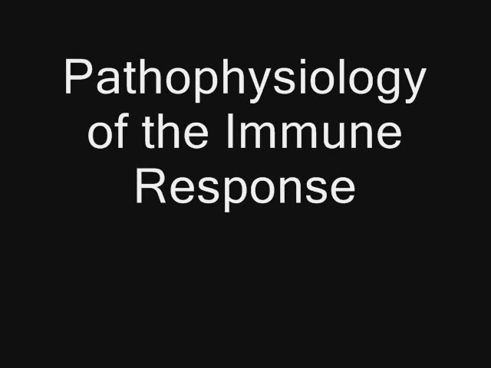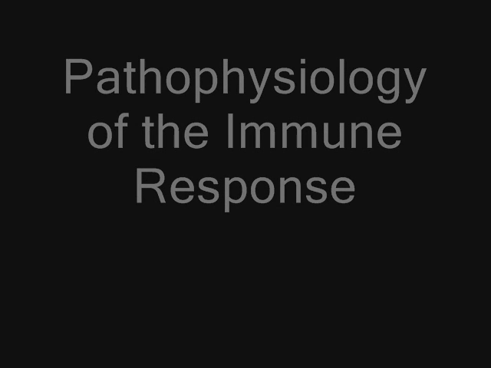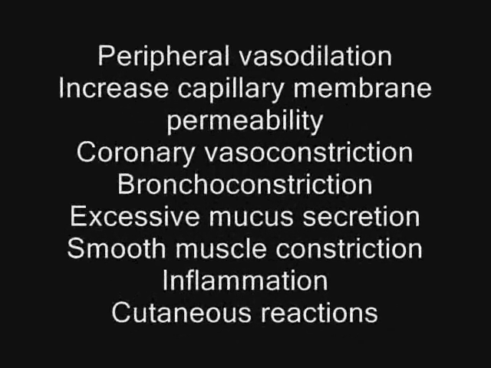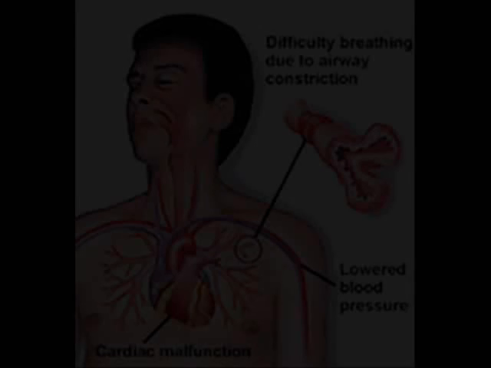During the immune response, biochemical mediators are activated. These mediators cause a whole host of problems. Massive peripheral vasodilation results in hypovolemia and decreased venous return. Increased capillary membrane permeability causes vascular fluid to be lost into the surrounding tissues, worsening the hypovolemic state.